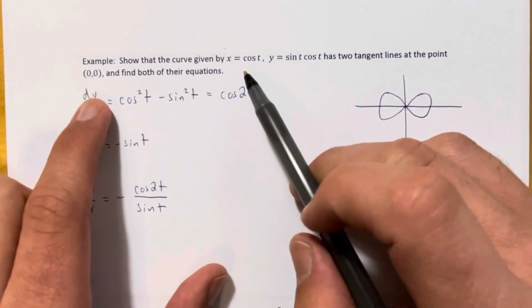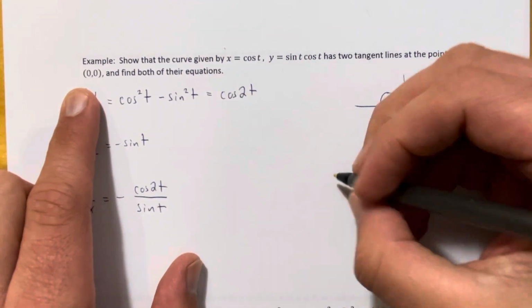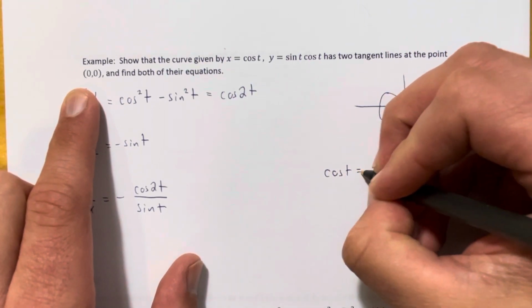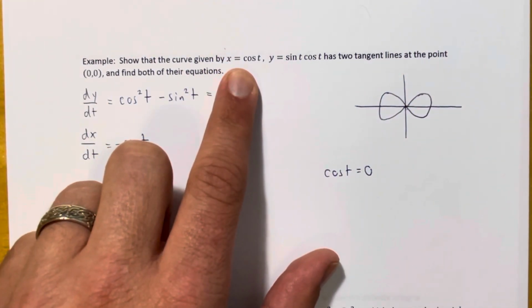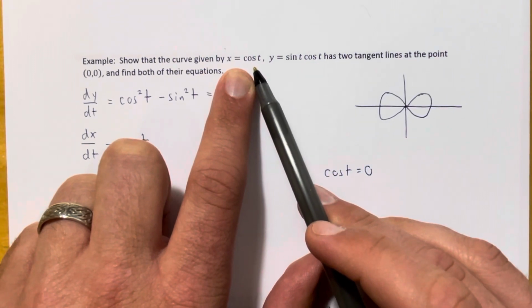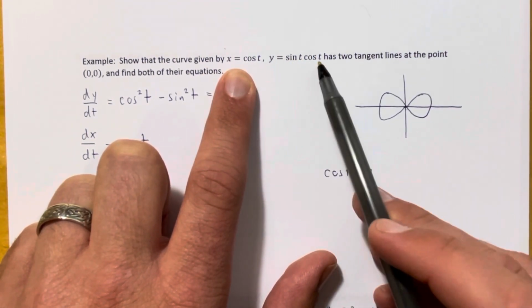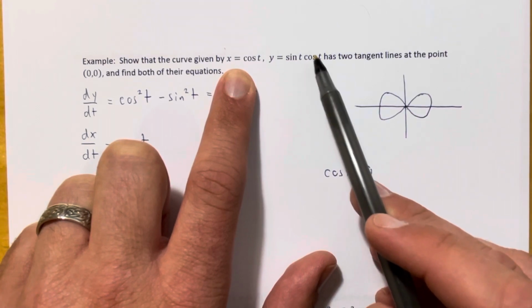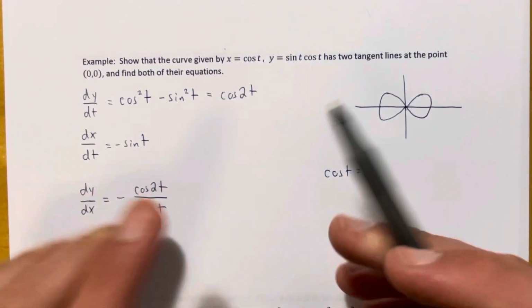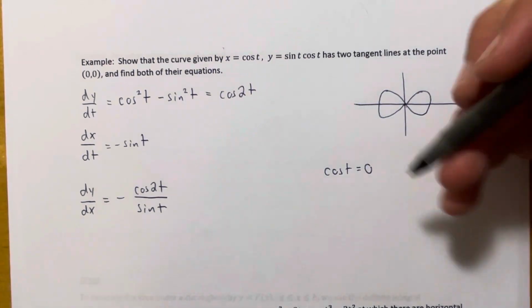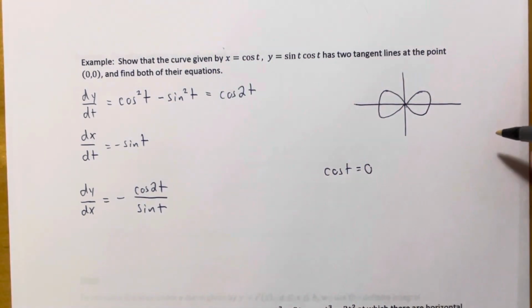Notice if x is equal to 0, then I specifically need cosine of t to equal 0. But if cosine of t is equal to 0, then y would also be equal to 0, because it has a cosine of t in here. So 0 times whatever sine of t ends up being will still be 0. So really, I'm just looking for where cosine of t is equal to 0.